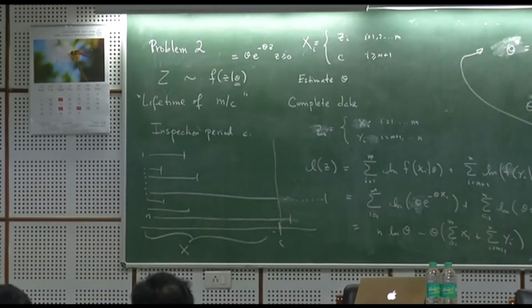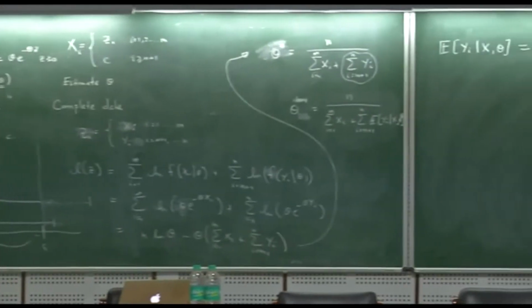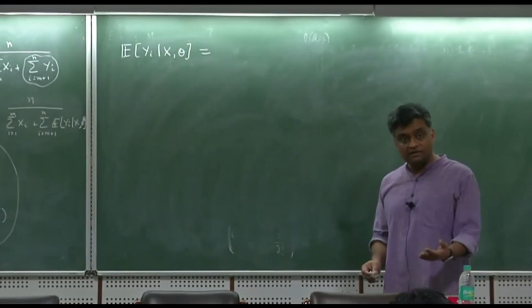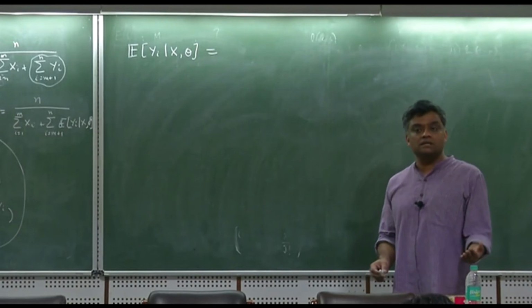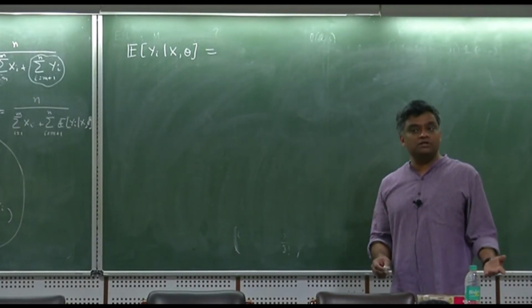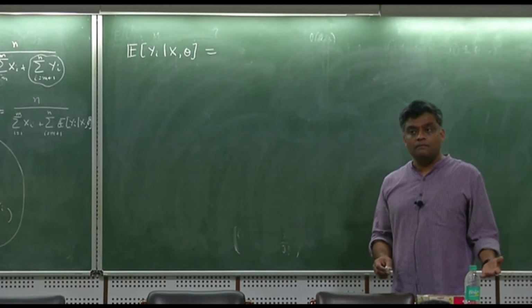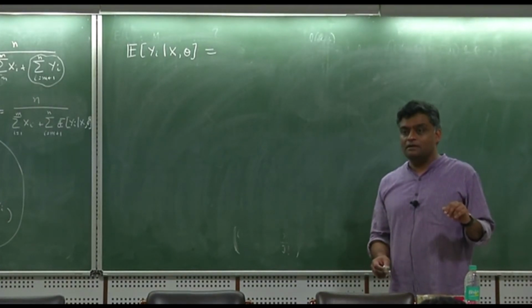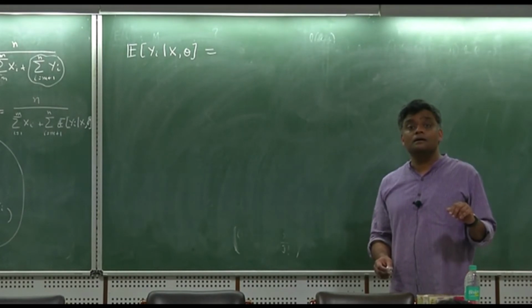So given all of that information, what is the expected value of the true lifetime given that the lifetime is greater than or equal to c, if the distribution is exponential? 1 by theta. It's not 1 by theta. Something. X minus c. Sorry?